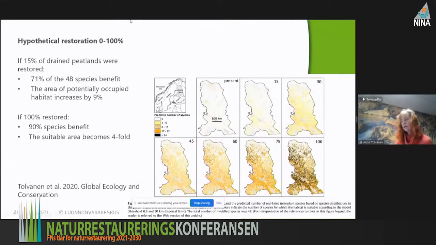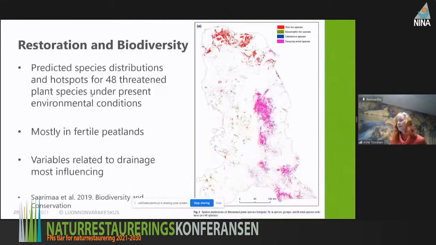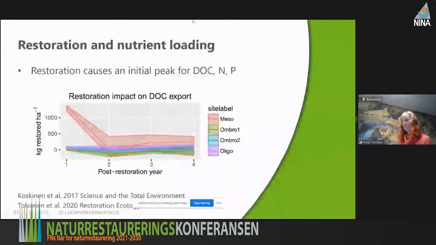If there is no calcareous bedrock, these species won't go there, whether it's drained or undrained. So some crucial restrictions are always occurring in addition to the drainage. But this was about biodiversity. Restoration helps these species, at least. That's one message. So, sorry, I have to go forward.